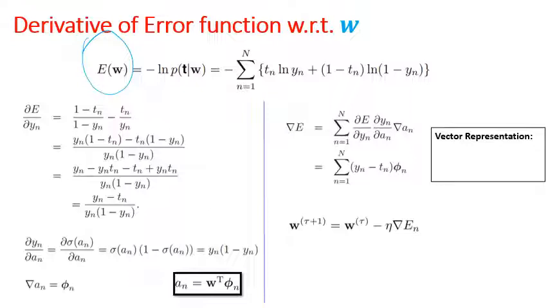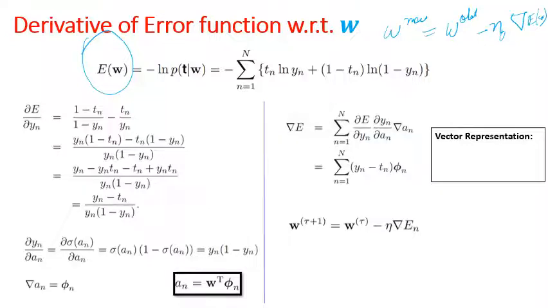After taking the derivative, I just update my w new equals w old minus some step size times the derivative of the error function, right?